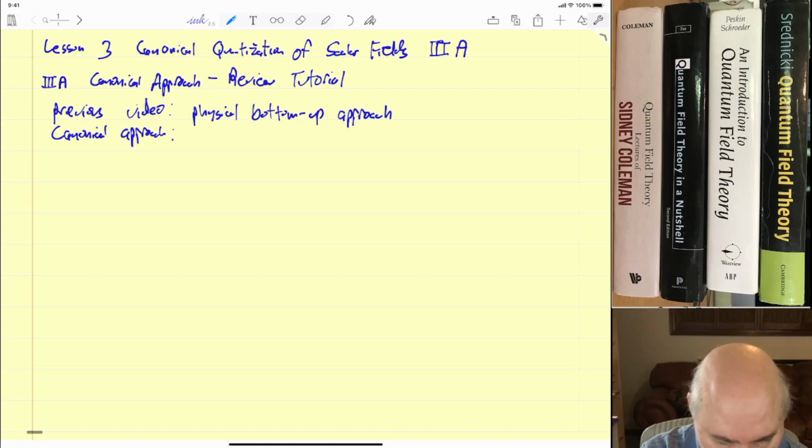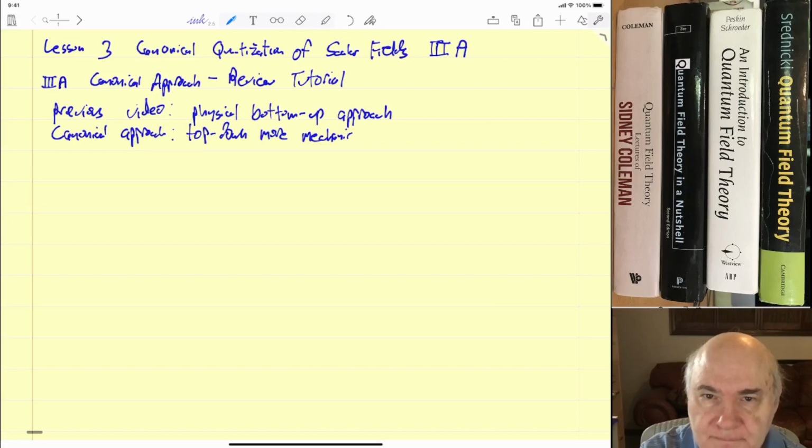And this is like a top-down, and it's a more mechanical procedure.